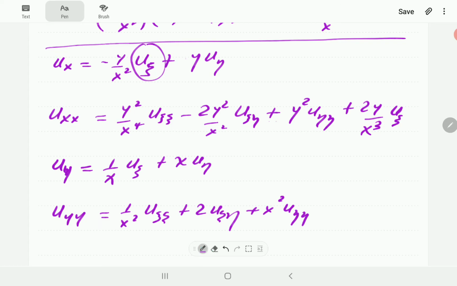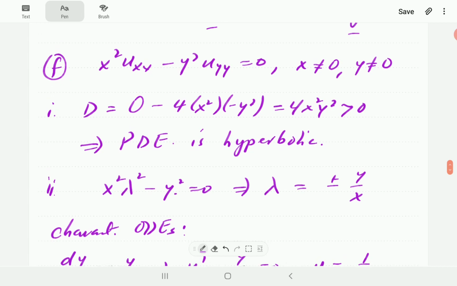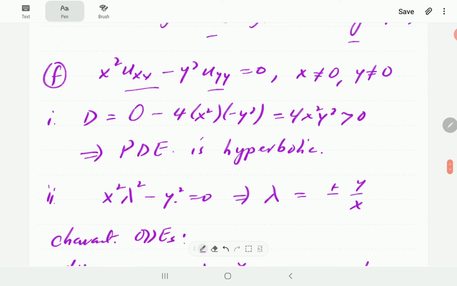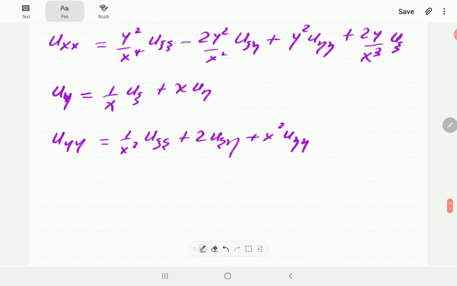Now, since these coefficients do not involve y, we won't have a first order derivative term here. The PDE only involves uxx and uyy, so there's no need to work out uxy here.